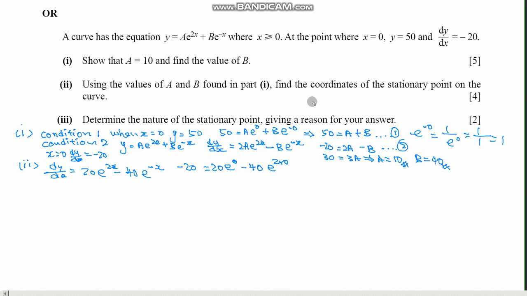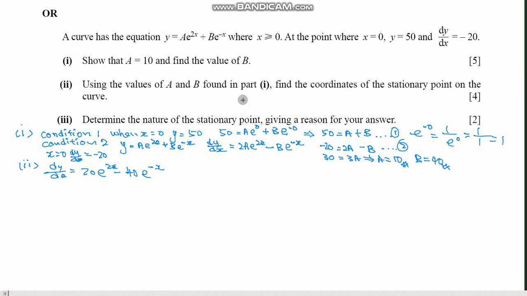At the turning point, you do not know the coordinate of the stationary point. A thousand apologies. This condition is basically to find the second equation, so this one is wrong. Teacher made a mistake.